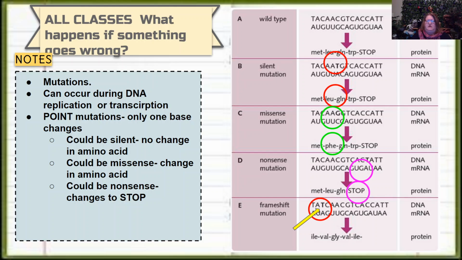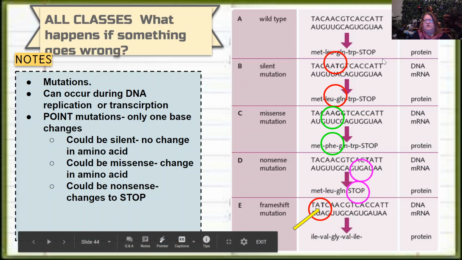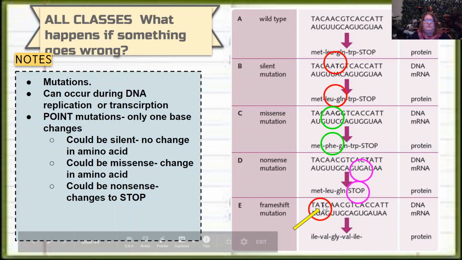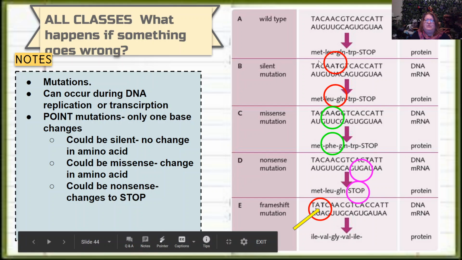Now, the other type of mutation is when we insert or delete a base. Now, notice in our top, we had TAC. Down here, notice we have TAT, but we didn't change it. What we did is we added. So it's not that we changed the TAC, it's we added a T to it.